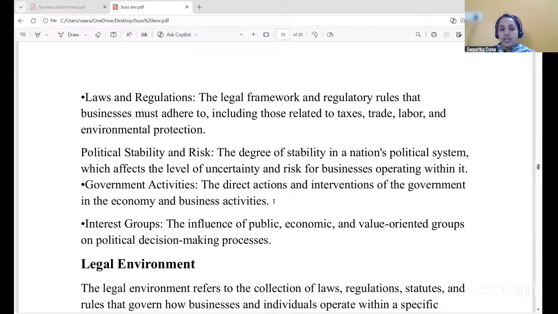Hence, whatever activities the government takes up will have an impact on the business. Then we have interest groups: the public, economic, and value oriented groups and the political decision making processes will have an impact on business organizations. So, this is about the political environment and its components.